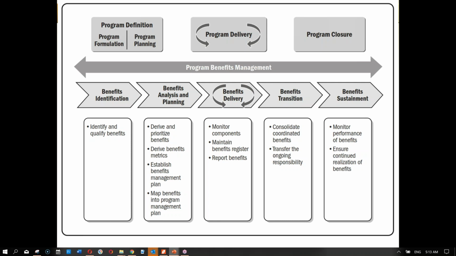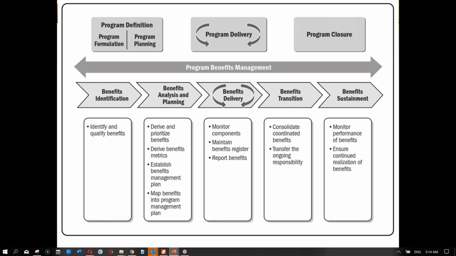Maybe component 1 is complete and I am delivering the benefit of component 1 to the customer. But if it is a consolidated benefit, then we are consolidating and coordinating all benefits, putting them together and turning them into the program benefits, and ultimately transferring those to the customer or the organization.